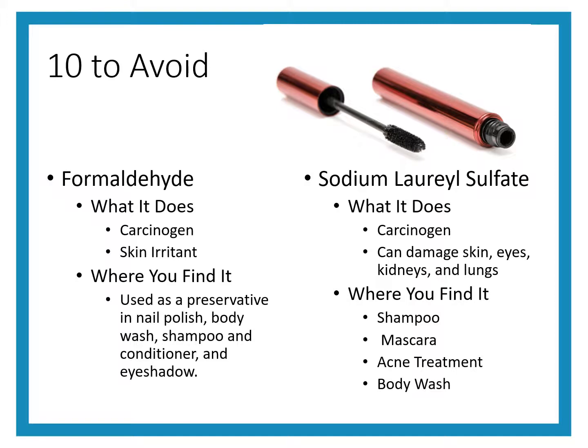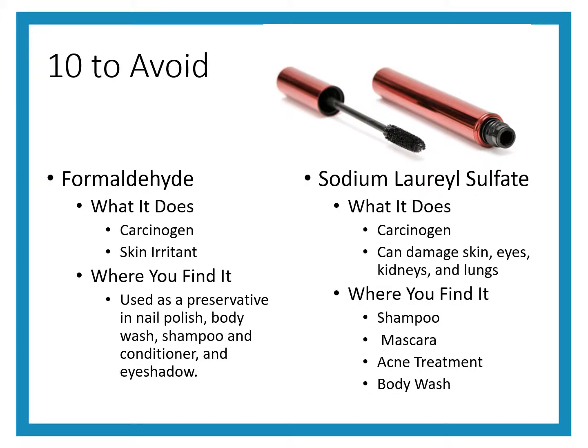It's also used as a preservative in nail polish, body wash, shampoo, conditioner, and even eyeshadow. With nail polish, you'll see it probably in a less expensive nail polish, or some of the more expensive nail polishes have it listed that they are formaldehyde free. So that's one we definitely want to keep an eye out for.